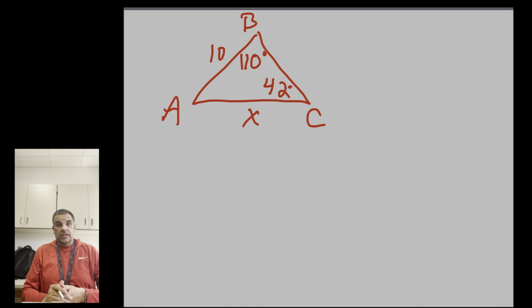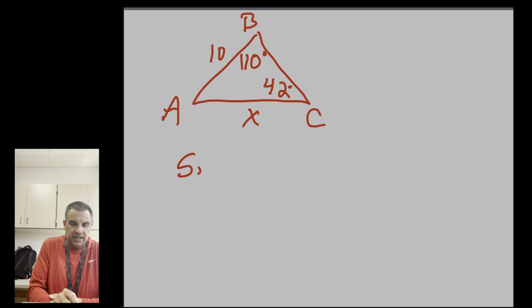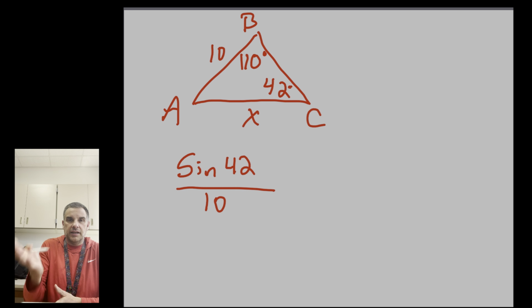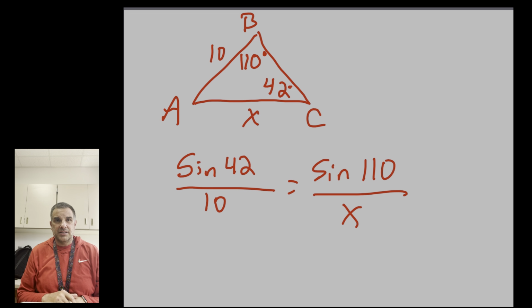First thing you have to look for: do we have a side and its opposite angle and something else? Yes. We know angle C. So we're going to put the sine of angle C, so sine of 42 over 10, the length of its opposite side. That's going to equal the sine of angle B, which is 110, over the length of its opposite side.